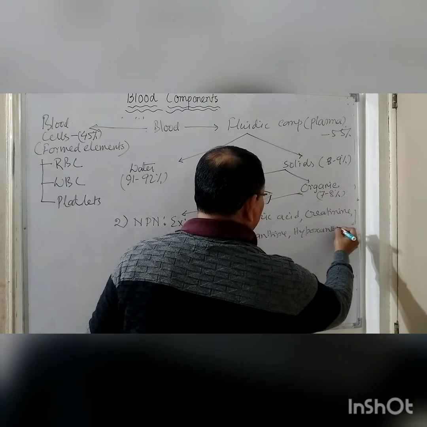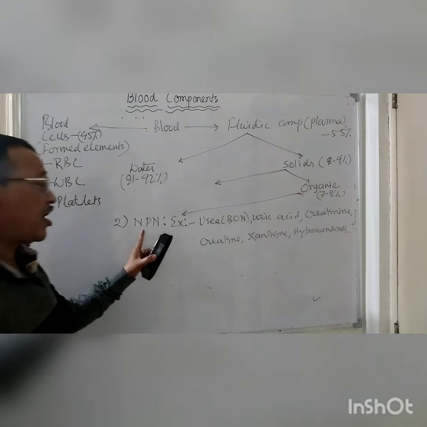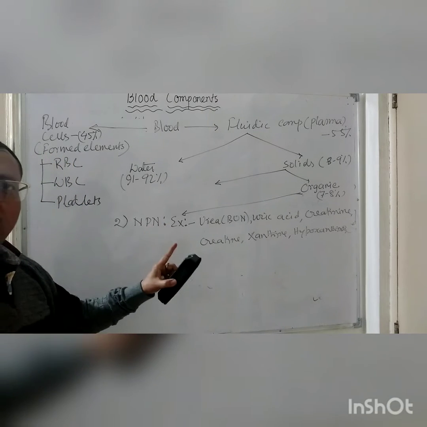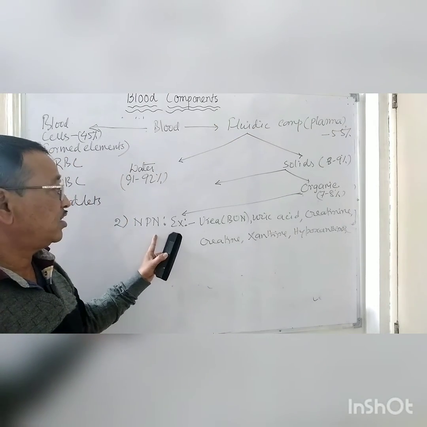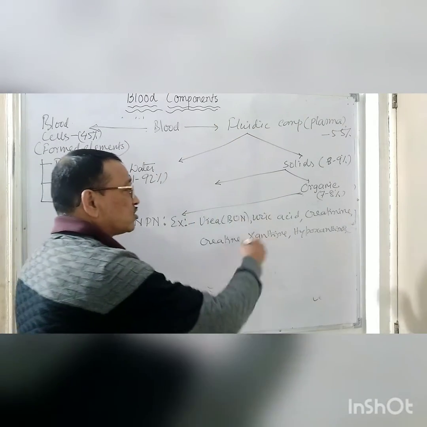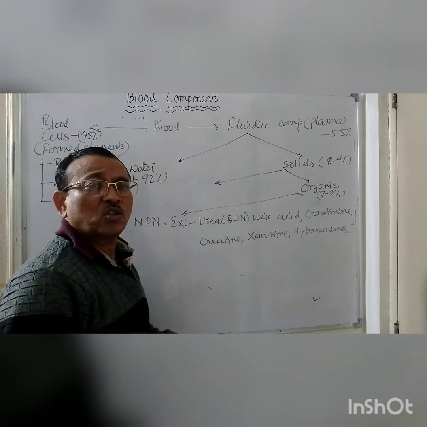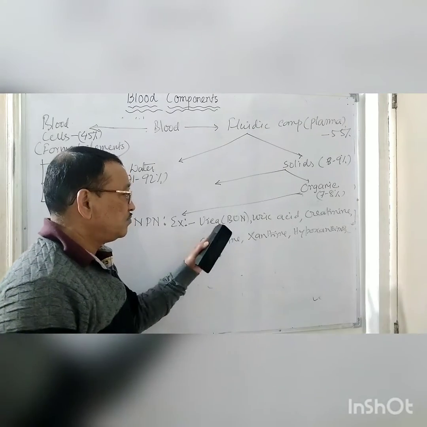So these are the different substances which are known as non-protein nitrogenous substances because they are not protein but they have nitrogen in their constituents. Now these are also very important for the diagnostic purpose, to diagnose different types of disease.